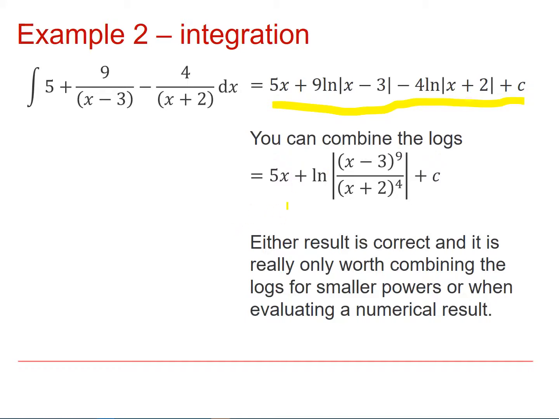And you can combine the logs as we saw on our previous slide. Either result is correct, and it's really only worth combining the logs for smaller powers. This one, frankly, you would question whether it was worth doing, but it can be done.